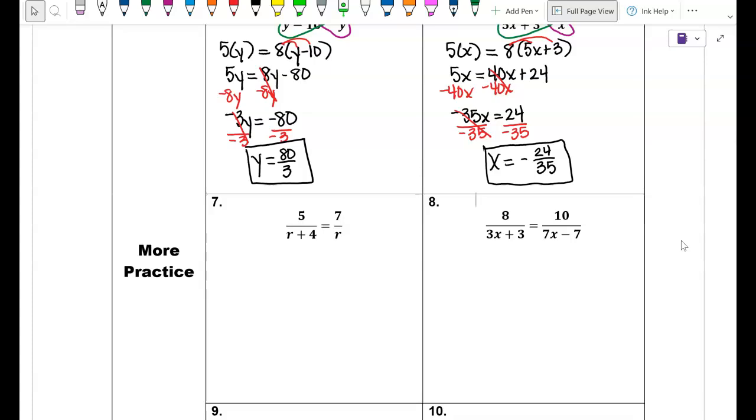Number 7, 5 over r plus 4 equals 7 over r. Again, cross multiply. So I have 5 times r equals, my other diagonal is 7 times r plus 4.